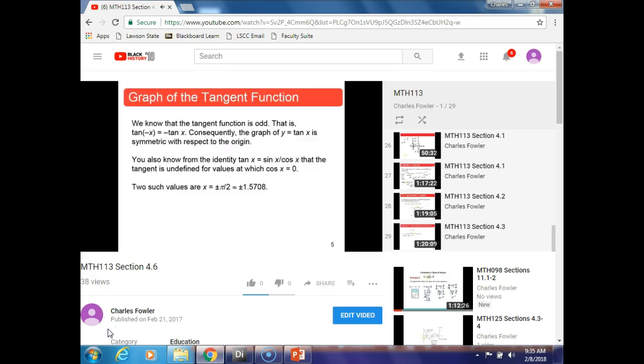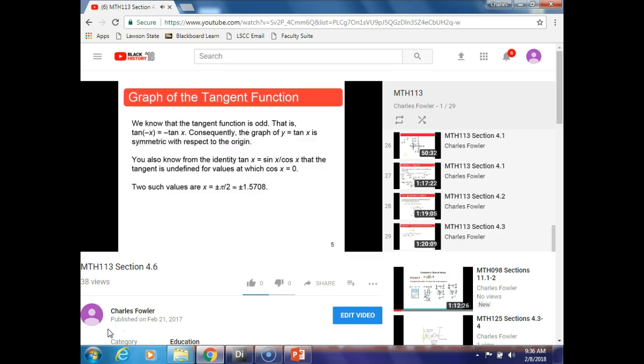Section 4.6, page 310. I think we did the little introductory thing, but here it says, in that first paragraph, we know that the tangent function applies. Do we really know that? Pre-calculus trick: tangent of negative x is negative tangent of x. That's true for tangent.